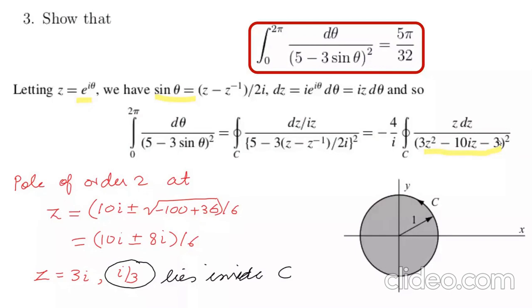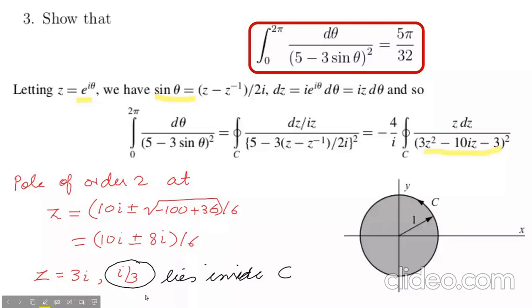So the roots are 3i and i by 3, but they are of the square term, so they are of order 2. Out of these 2 poles, only the i by 3 pole will lie inside the contour. So we need to find the residue at this pole only.